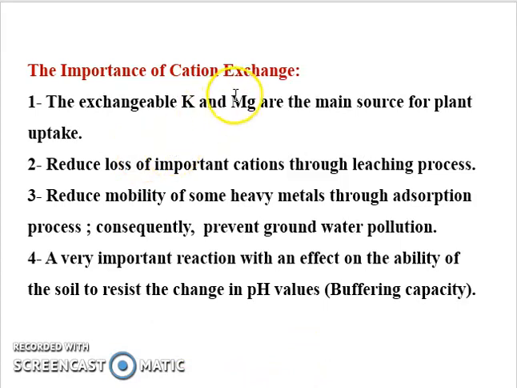The importance of cation exchange: the exchangeable K and Mg, for example, or calcium or copper, whatever nutrient is exchanged on the surface of the colloidal particle, are the main source of plant uptake. The plant can take up these nutrients from the surface of the colloidal particle.